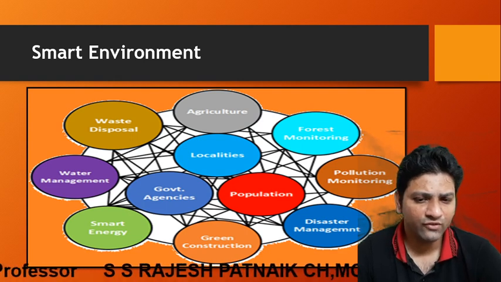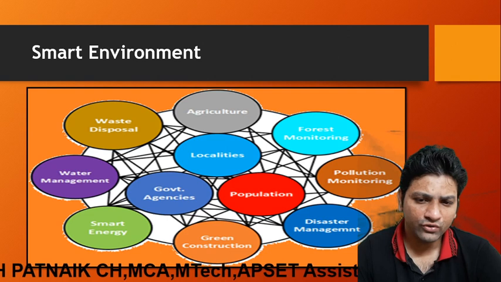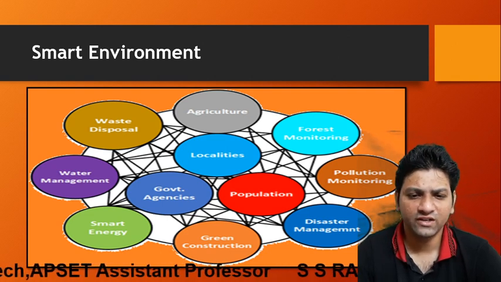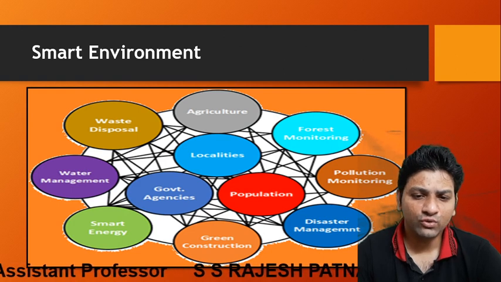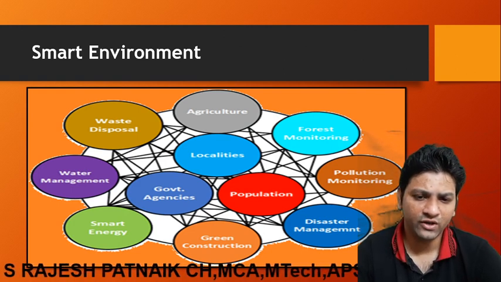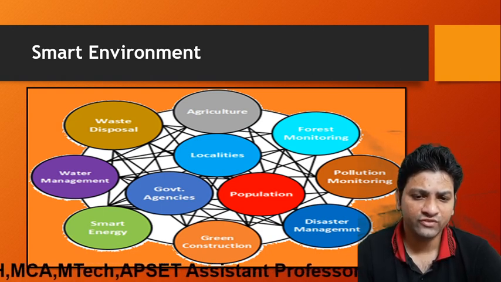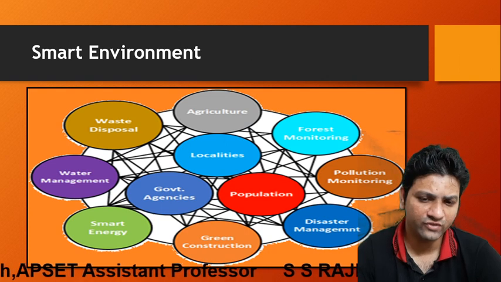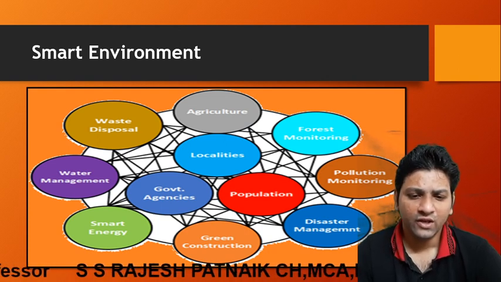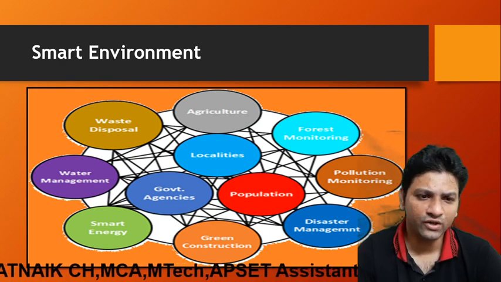So forest monitoring consists of protecting the wild animals, and the count of wild animals that are in the forest. Population monitoring: how much population there is in the city, whether it has reduced or increased, what the count of population is. All these things are maintained in the smart environment.